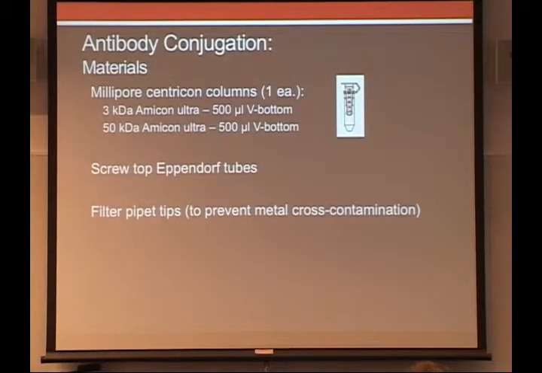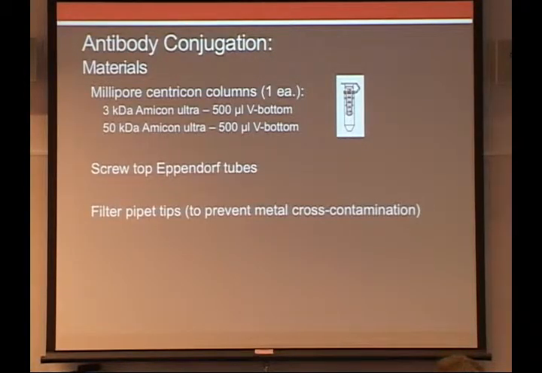And then a few materials that you'll want at your beck and call before you get started. The first being Millipore Centricon columns. These are filter columns, and you'll want 2 different sizes, a 3 kilodalton and a 50 kilodalton filter. Great for bringing up materials in different buffers and washing and those sorts of things. Some screw top epis, and then filter tips.